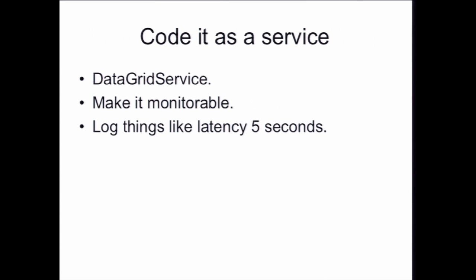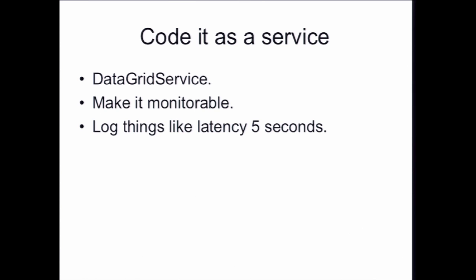When you're coding, try to code as a service. Don't give the API to your developers and write data grid calls everywhere in your application. It will create a mess and you won't be able to manage it after some time. It's a very good practice to have a data grid service written by a very experienced developer who knows the product, and not expose the data grid to all developers.